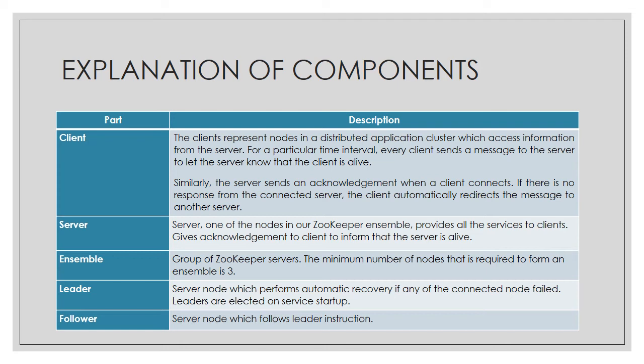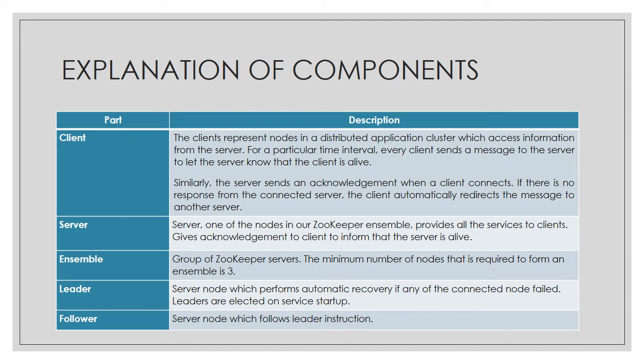The server is one of the nodes in our Zookeeper ensemble. It provides all the services to clients. It gives acknowledgement to clients to inform them that the server is alive. The ensemble is a group of Zookeeper servers, which is either a follower or a leader. The minimum number of nodes required to form an ensemble is 3.